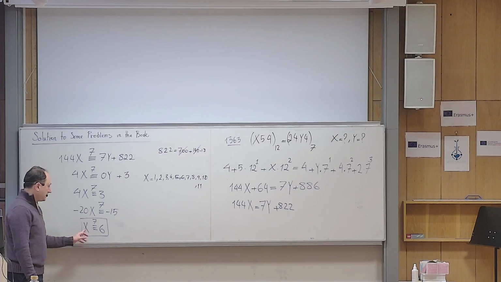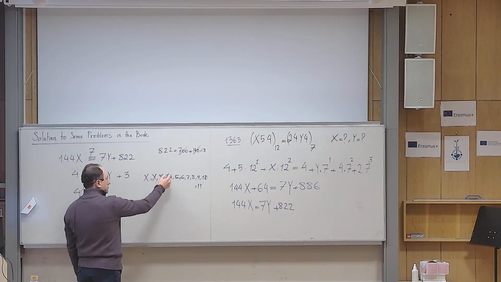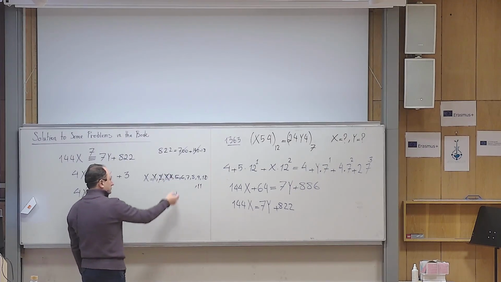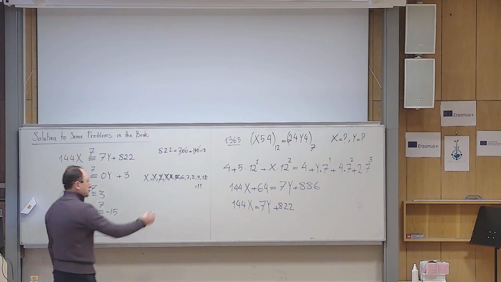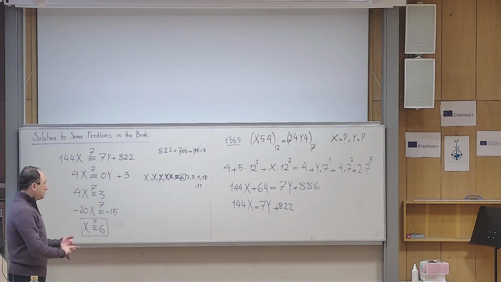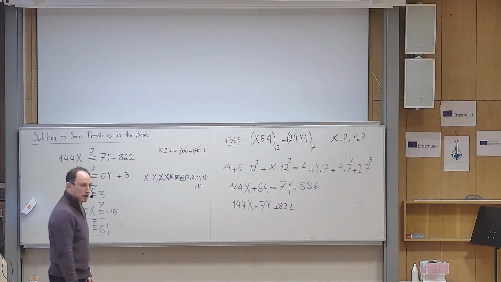So it means that x minus 6 should be a multiple of 7. So 1 does not work, 2 does not work, 3 does not work, 4 does not work, 5 does not work, 6 works. 7 does not work, 8 does not work, 9, 10, 11. So that's 6. Okay, so x is 6.